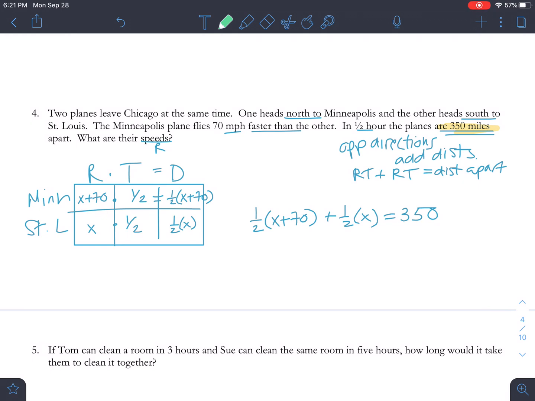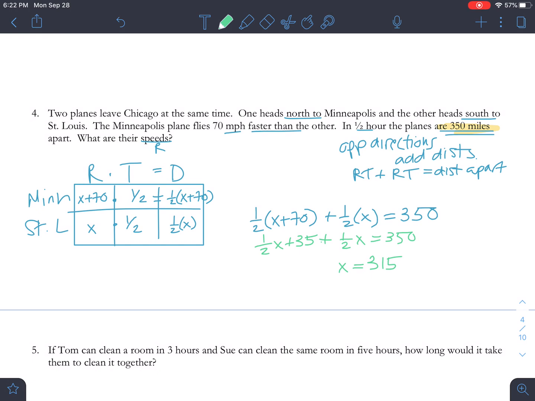All right, so we solved this out. 1/2 X plus 35 plus 1/2 X equals 350. That gives us X is equal to 315. Okay, and again, we have to think, what did X represent? A lot of people answer these questions wrong because they don't understand what X represents.